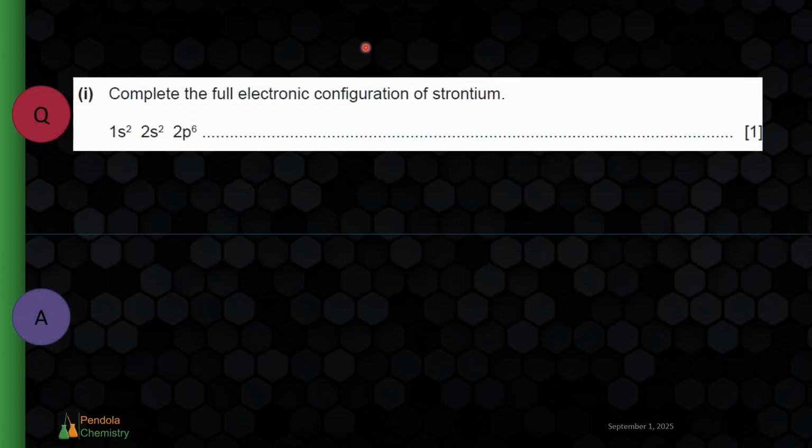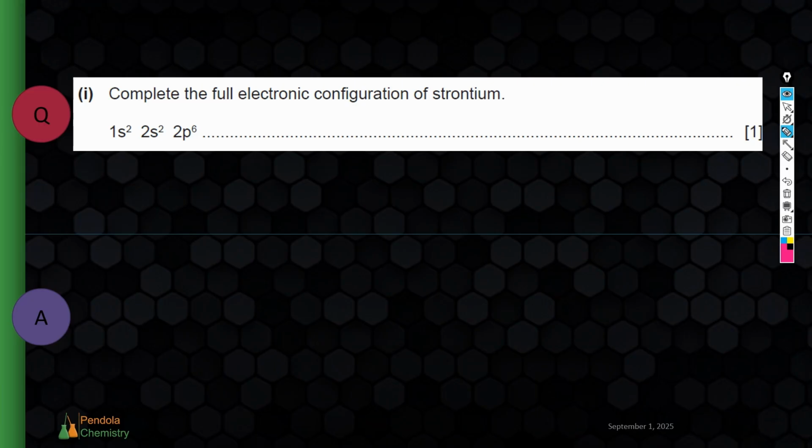So this is an example of what you might see on the AP exam. This is a very simple question because they're not even asking you to go all the way and write the full electron configuration. They're actually just asking you to complete it.